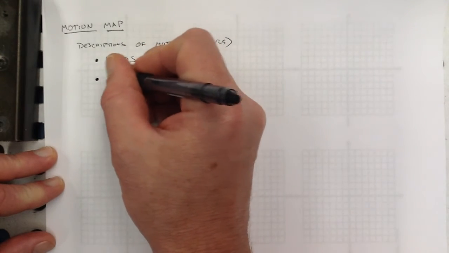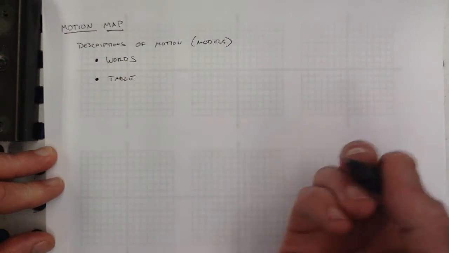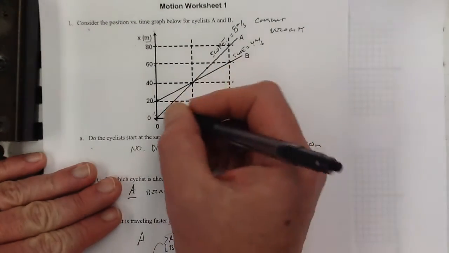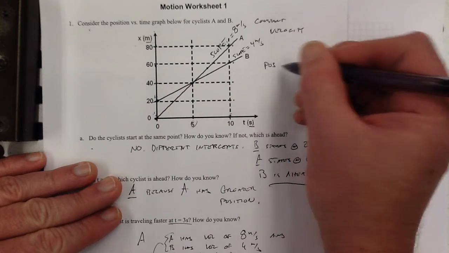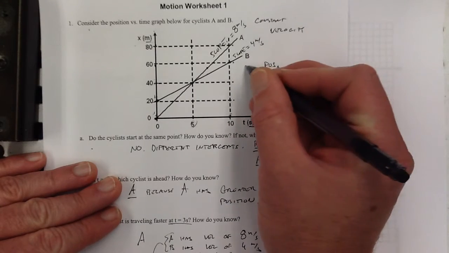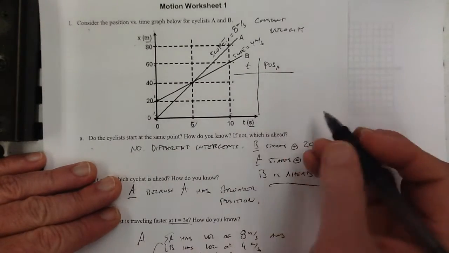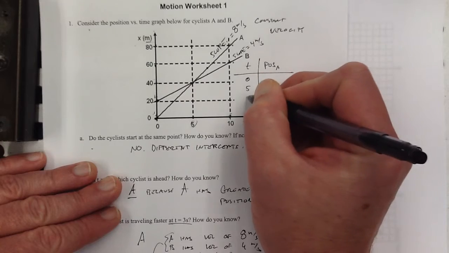We could do a table. You don't have to put this in your notes, but if you were making a table here for the position of cyclist A and the times, you know this game from your algebra days, so you could include as much or as little information as you want.